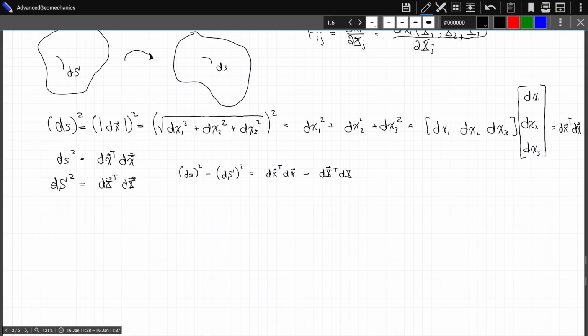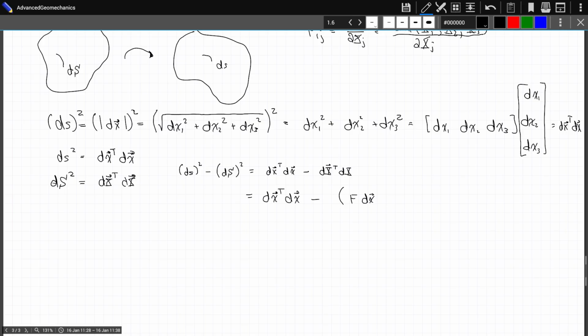The deformation gradient takes vectors in the reference configuration and maps them into the current configuration, right? So let's make that substitution.